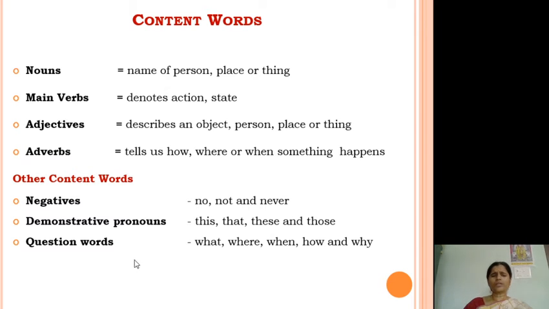So these three categories of words, other than the main words, are also considered content words. So content words are the words which give meaning or information, and nouns, main verbs, adjectives and adverbs come under these content words. And other than these, we have negatives, demonstrative pronouns and question words.